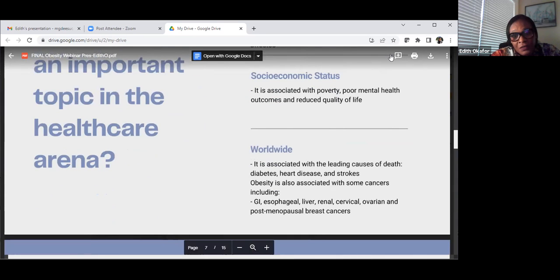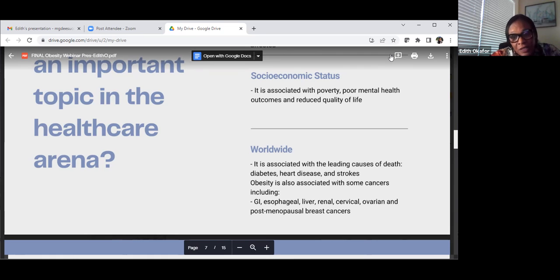You also have other conditions like cancer, which is related to obesity, unfortunately. Such cancers as the gastrointestinal cancers, which in layman's language, we're talking about cancers that dwell in the stomach, in the intestines, colon, and all that, okay?